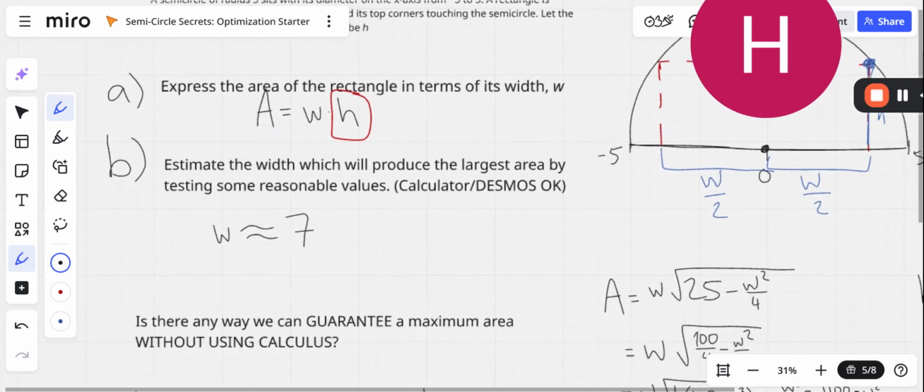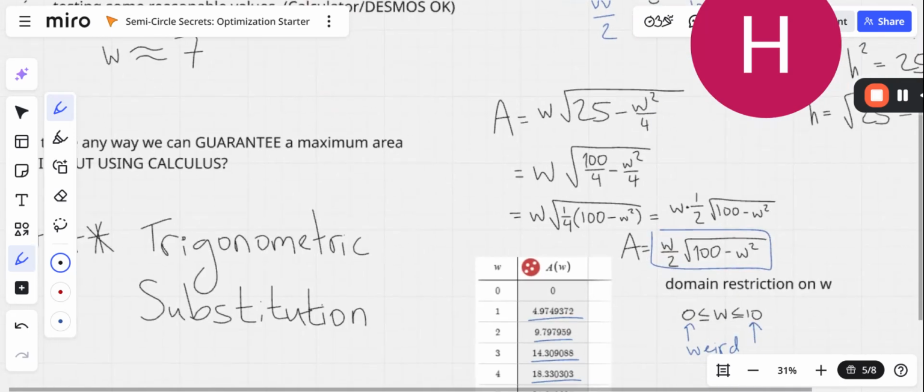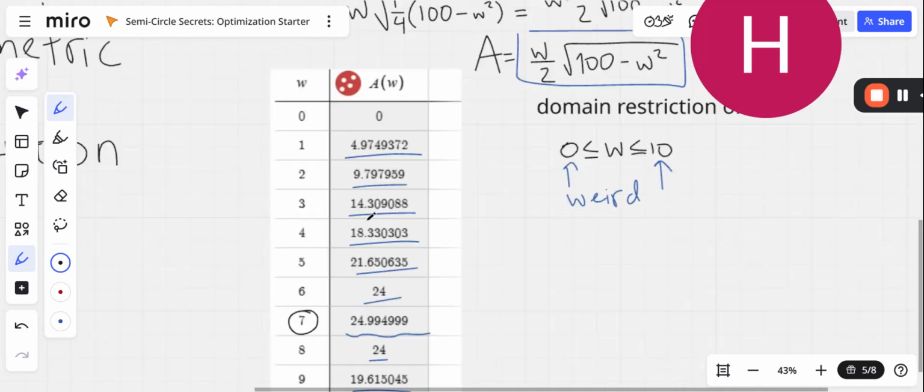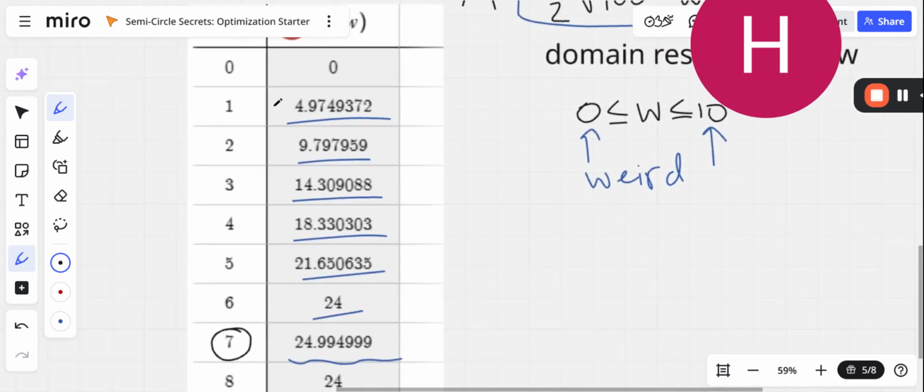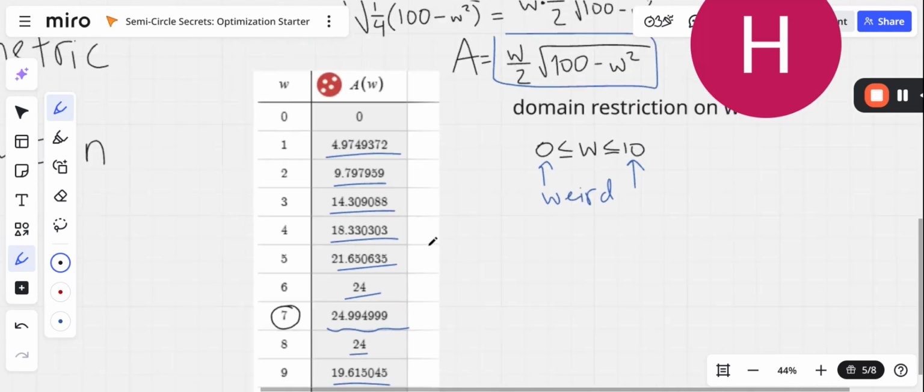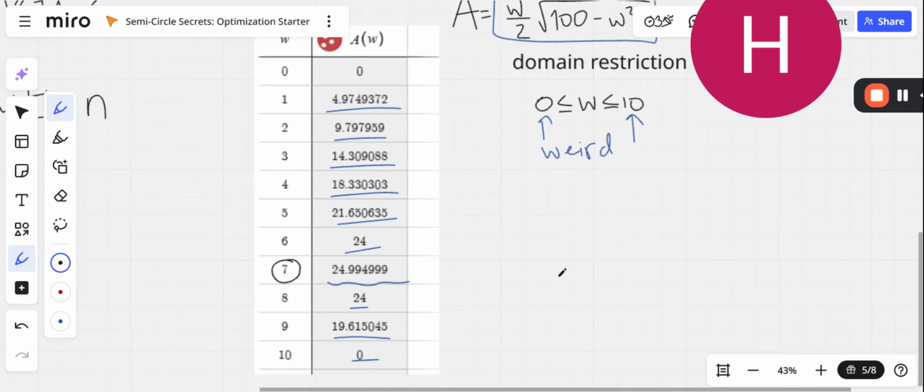And lastly, we used a calculator or Desmos to get us an idea, to get us a feel for what happens as we increase the width on the rectangle. Okay, so when we can see what things are trending towards, then we produce some insights, at least a good starting point.